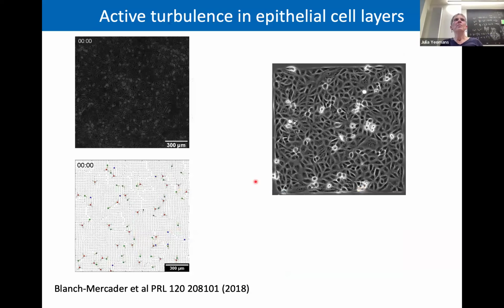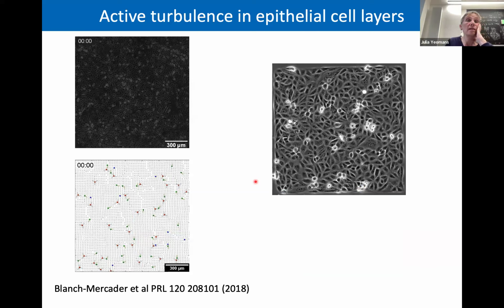Let's just think a little bit more about active turbulence in these cell layers. Because cells are round, yeah? I've been talking about nematic particles, which are long and thin. Why am I calling this chaotic system active turbulence? Is that a fair thing to do? Well, here's some evidence that the answer is yes.